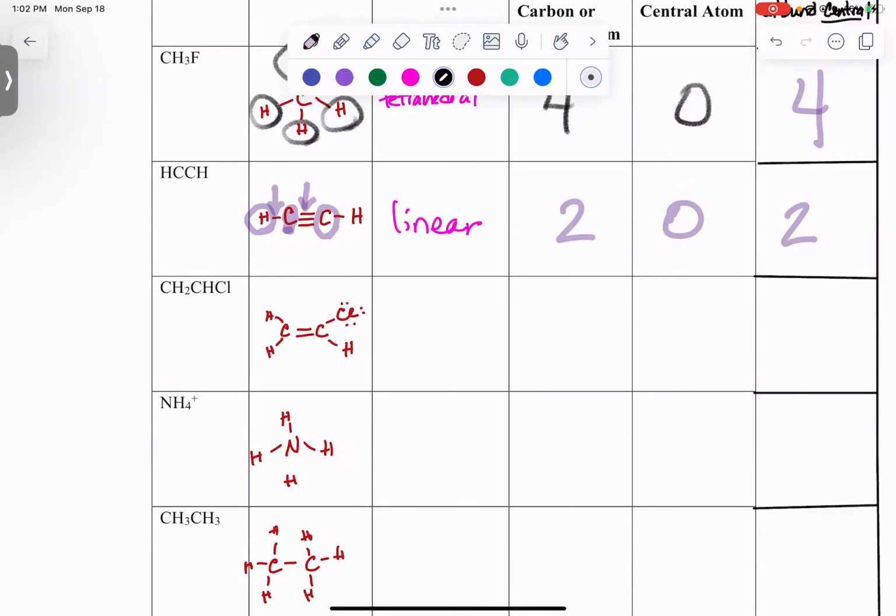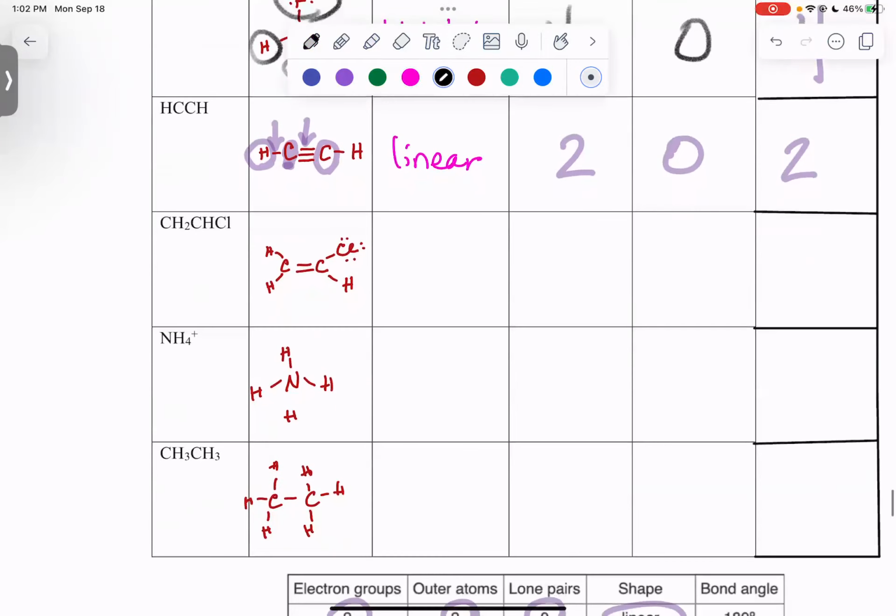Okay. All right. Let's do our next one, CH2CHCl. Pick either one, you're still going to have the same shape. So you pick the first carbon. I have 1, 2, 3 areas of electron groups. Then I have 3 outer atoms, and you can look and see there's no lone pairs.